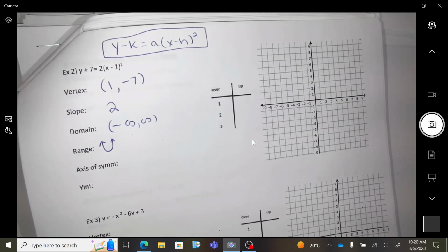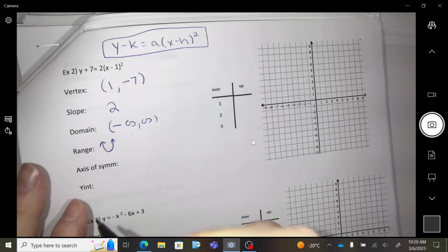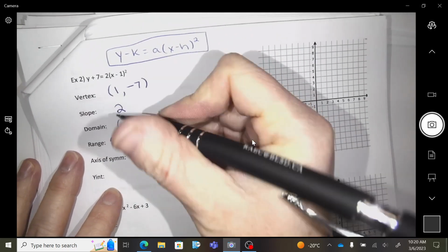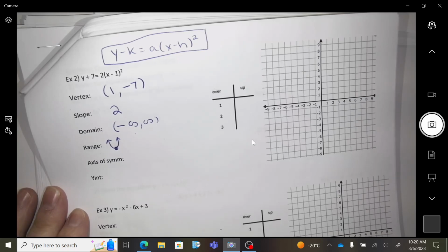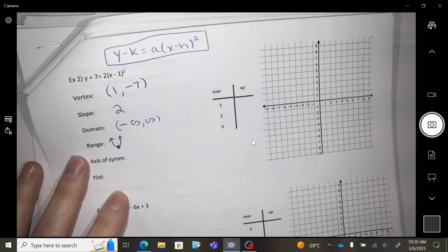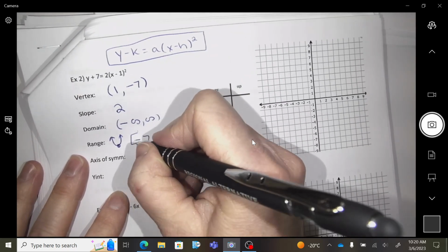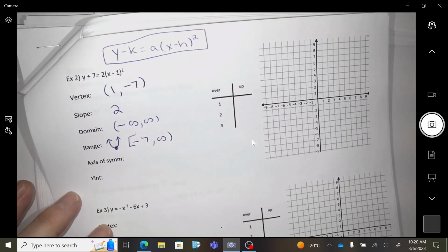So that's always. And if this thing is opening up, you are going to have a minimum. And then the lowest height I see is -7 to infinity.